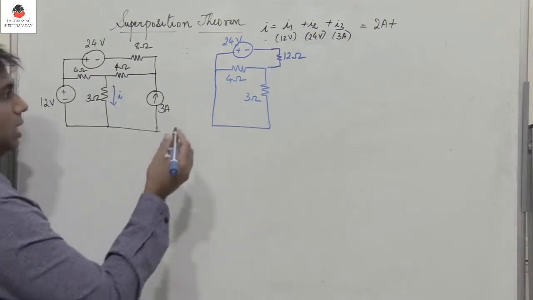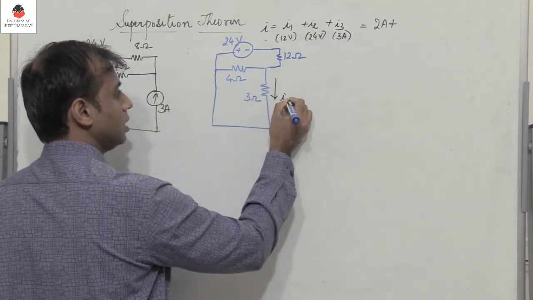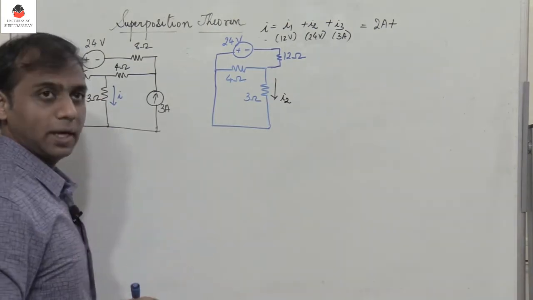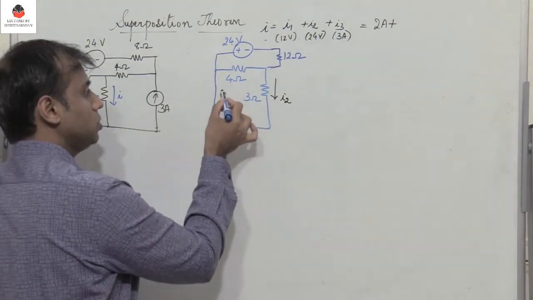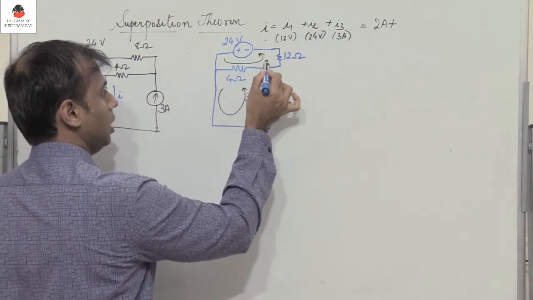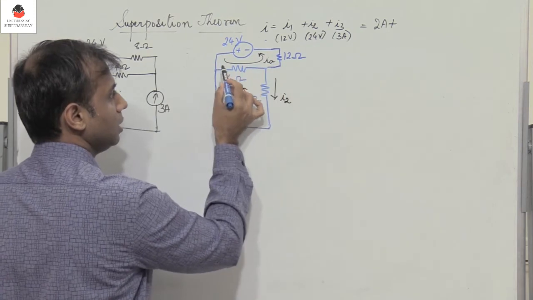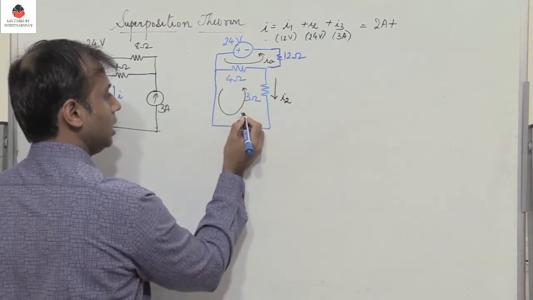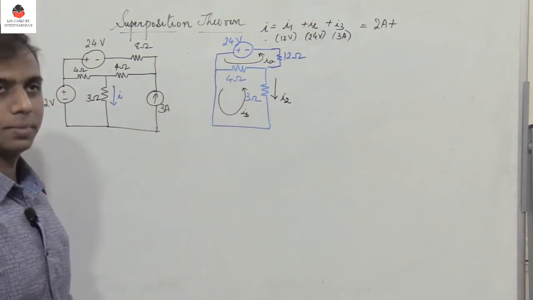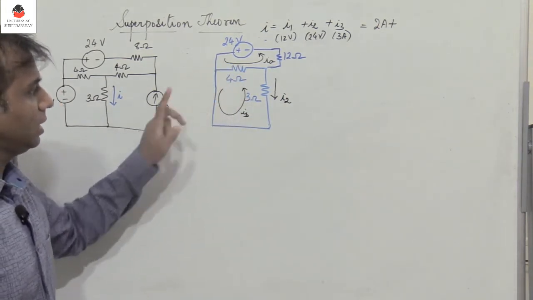Now I need to find I2. I2 happens to be the current flowing through 3 ohm resistor. So in order to find I2, let me use loop analysis. So let this current IA be flowing in this network, and let IB be the current flowing in this loop. Okay, so I have IA and IB.